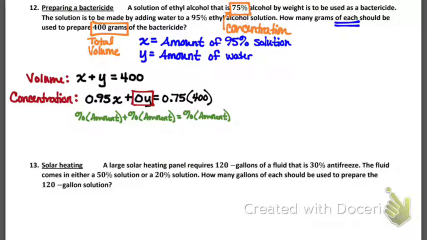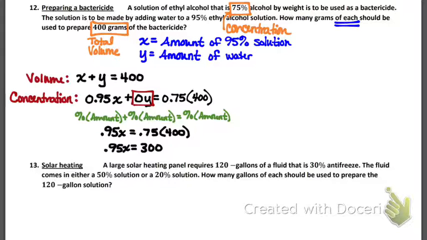So I'm going to end up with 0.95x equals 0.75 times 400. Yep, 0.75 times 400 is 300. So I have 0.95x equals 300.